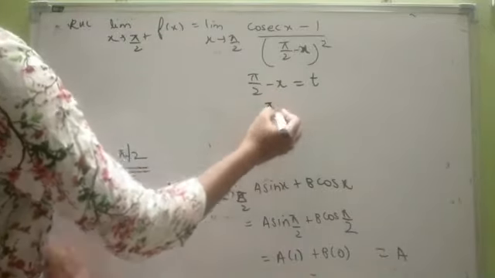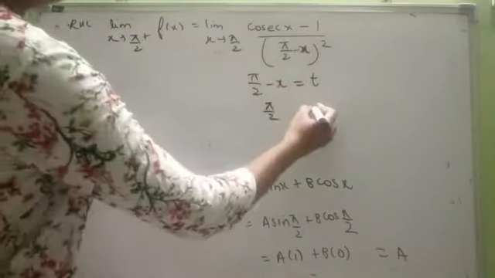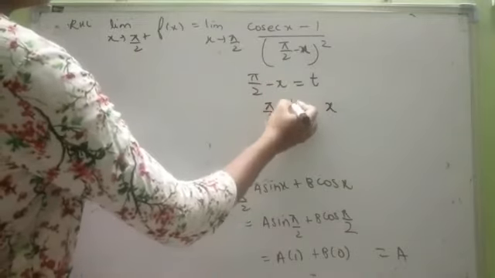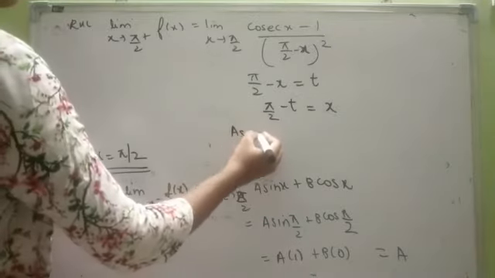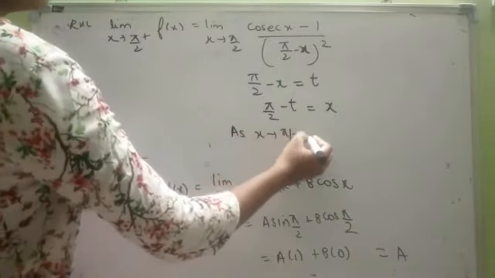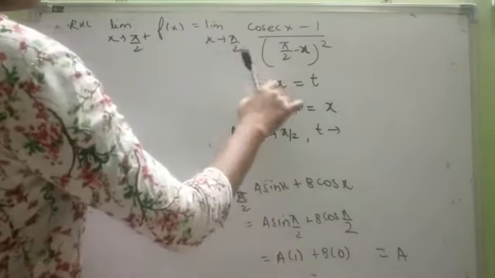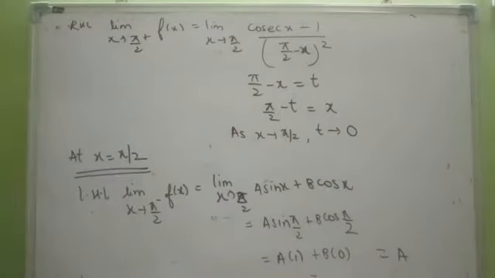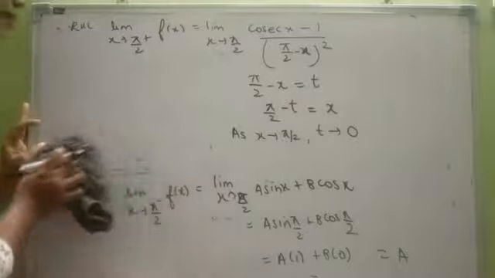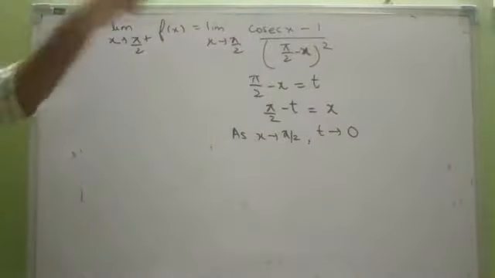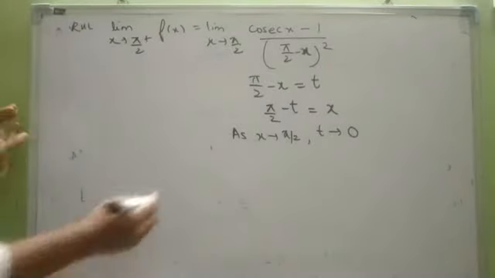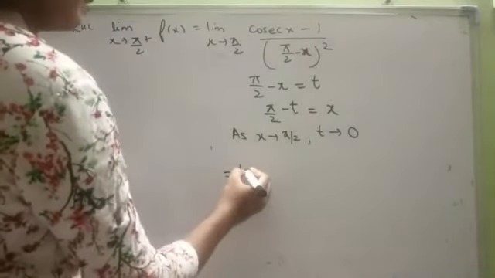So what will be the value of x? Take x that side, plus x, and t if I bring inside will be minus t. Now same way change the value of the limit. As x tends to pi by 2, put pi by 2 over here, t will tend to 0. So now write the entire function in terms of t.